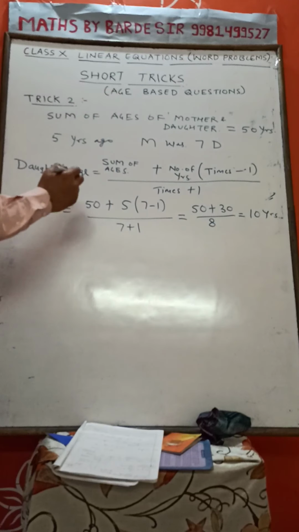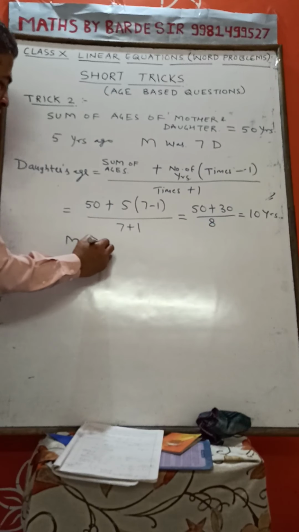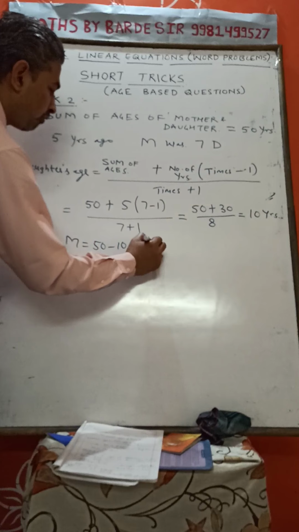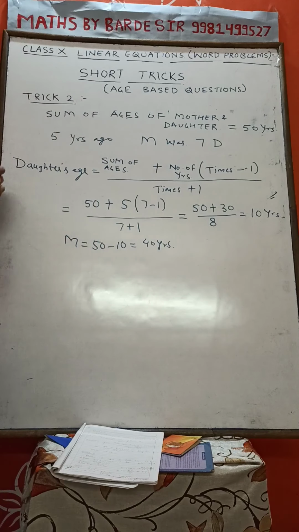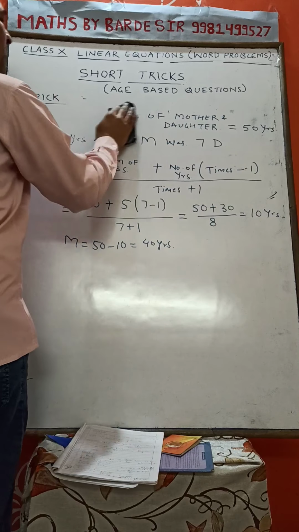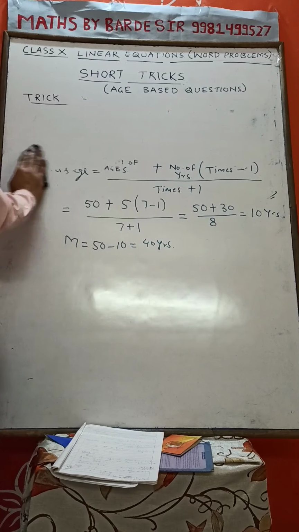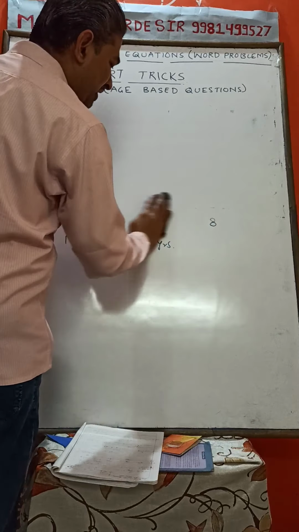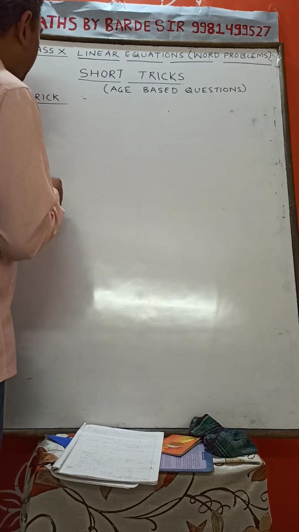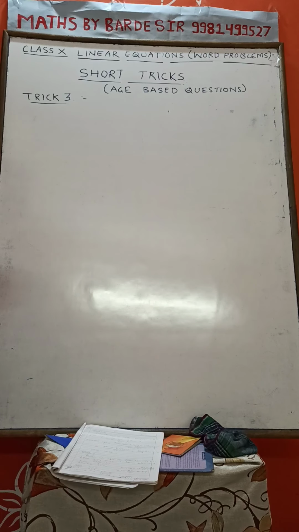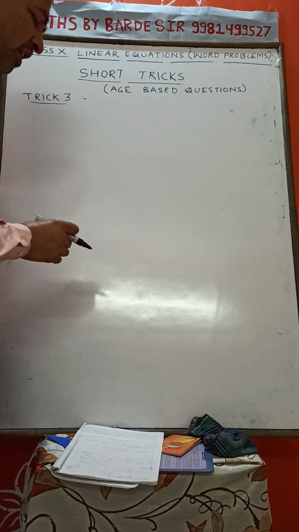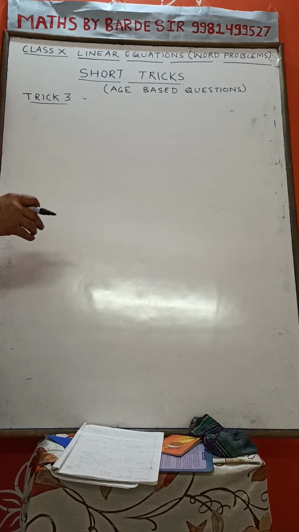Daughter's age is 10. Mother's age, 50 minus 10, 40 years. Very simple, but you need some practice. The questions can be done within very less time. Practice is very important, and this video is very relevant for those students who are targeting NTSE. A very important video.